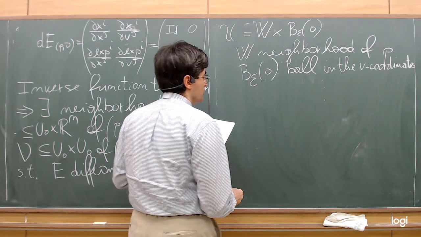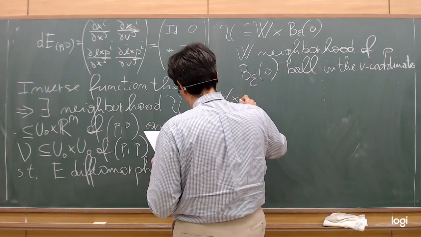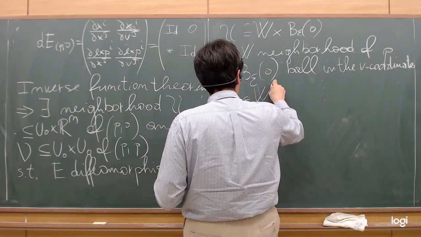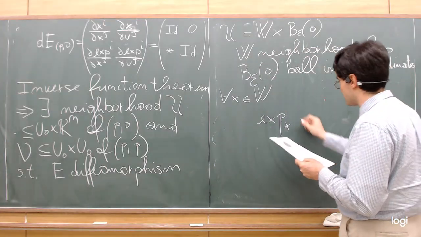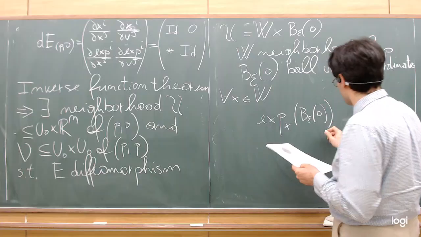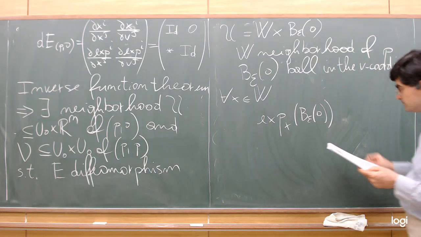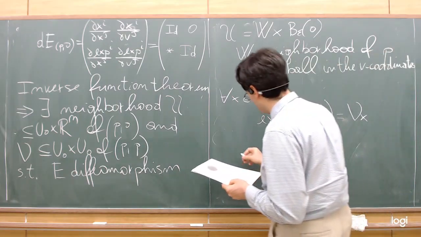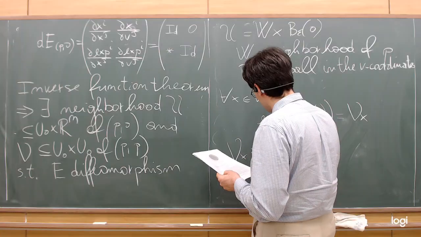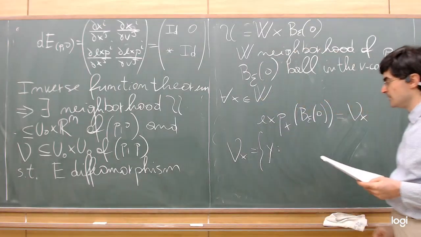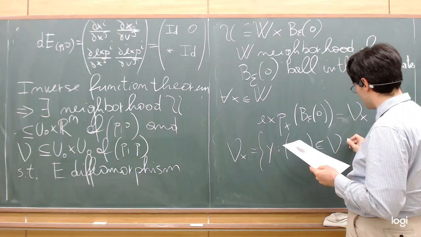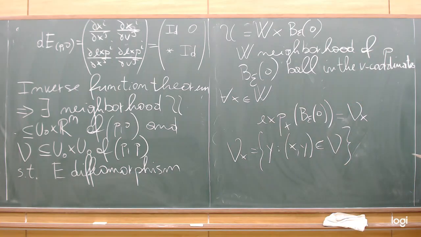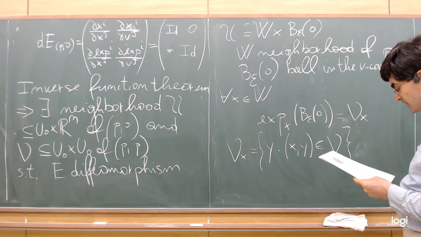So this has the following consequence. For each x in W, the exponential map at x acting on B_epsilon(0) is N_x, where N_x is the set of points y such that (x, y) belongs to V. And it is easy to see that this map is a diffeomorphism.